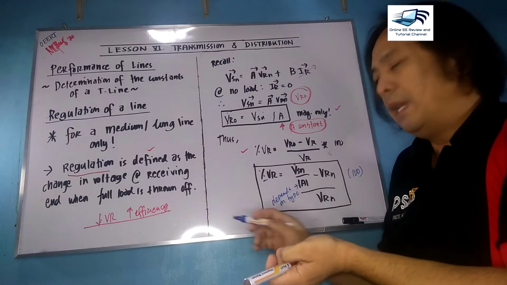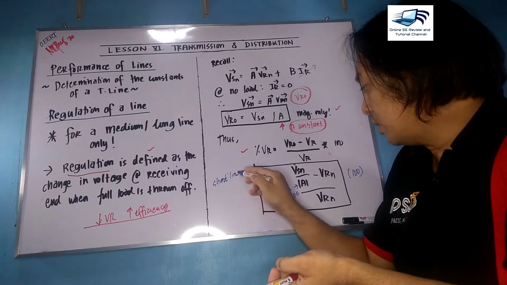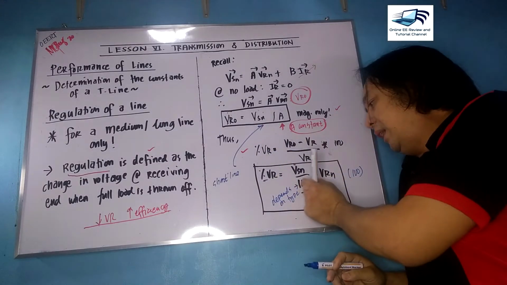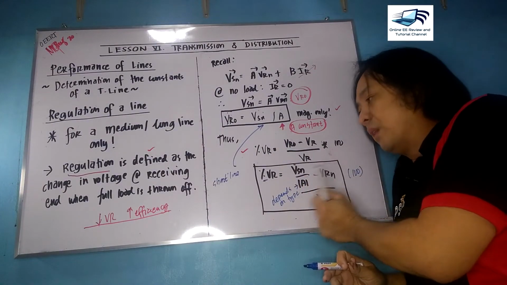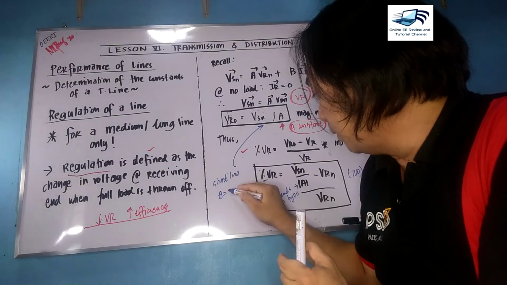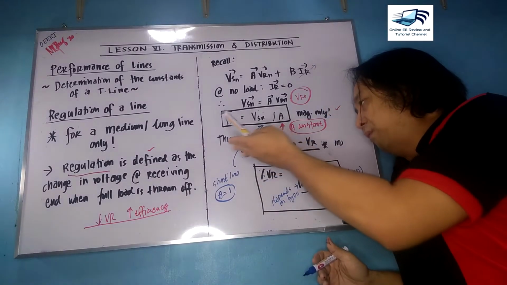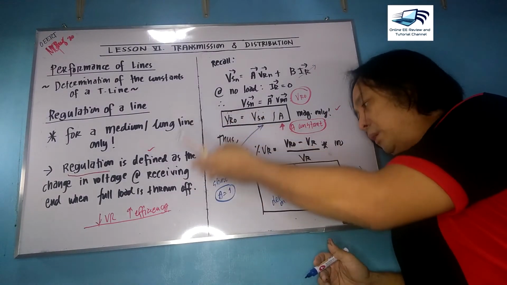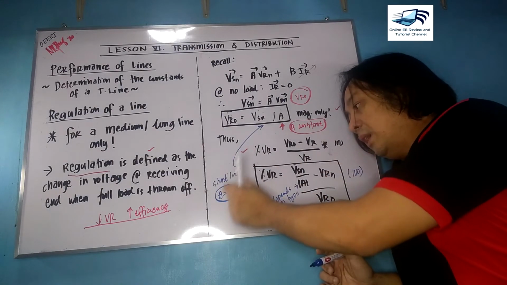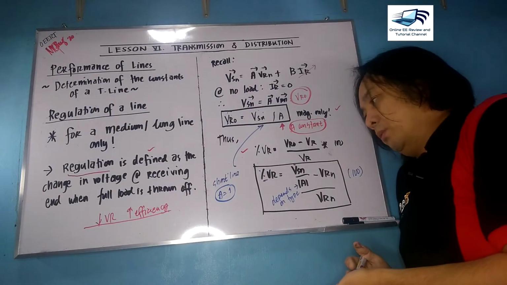Now, how about the short line? That's why this is the main formula here, because the A will depend on the type of the line. So if you have a short line, you consider your A simply equal to 1, right? If you have a medium line or a long line, the A will be dependent on the equation, or on what we have discussed on the last few slides.